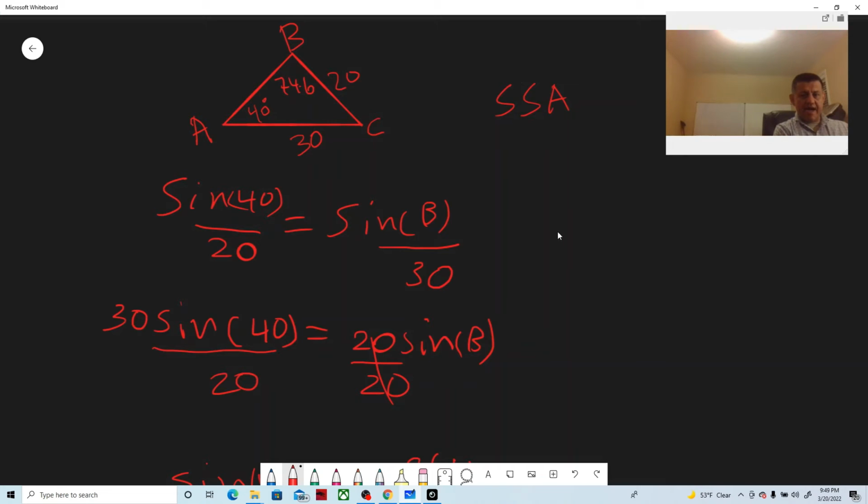Now we can say that angle C, right? So now angle C is equal to 180 minus 40 minus 74.6, and angle C is equal to 65.42 degrees, right?